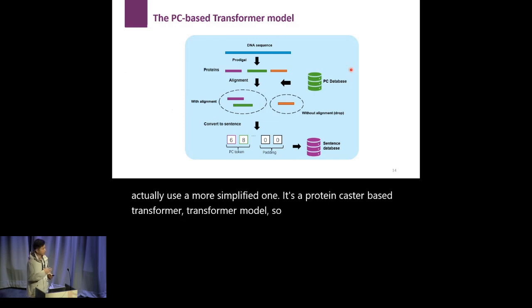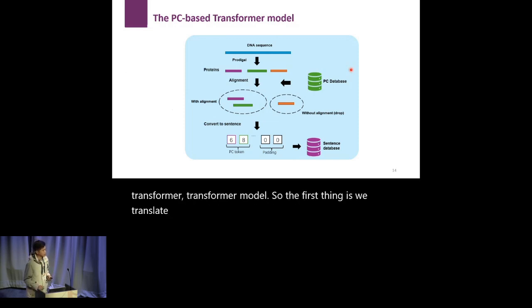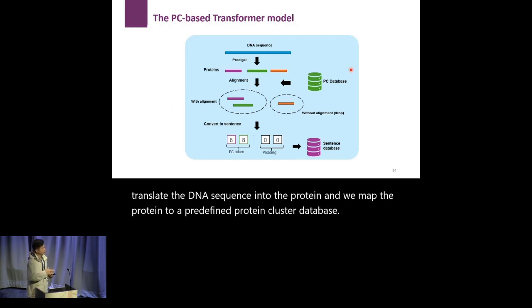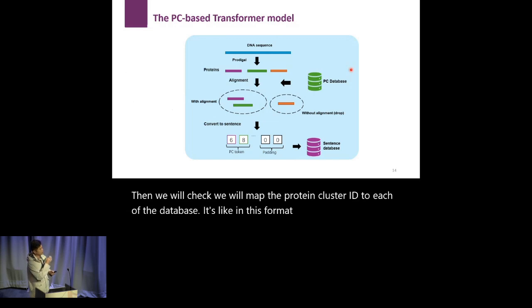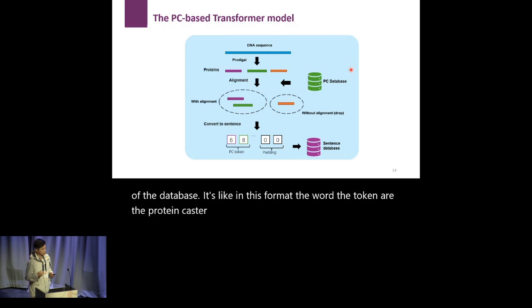The first thing is we translate the DNA sequence into protein, and we map the protein to a predefined protein cluster database. Then we map the protein cluster ID to each of the database. In this format, the word, the token, is the protein cluster ID. So it's quite different from the token or the amino acids in the PLM.